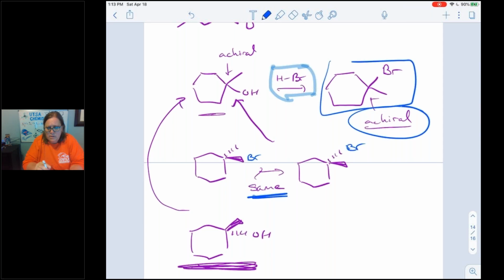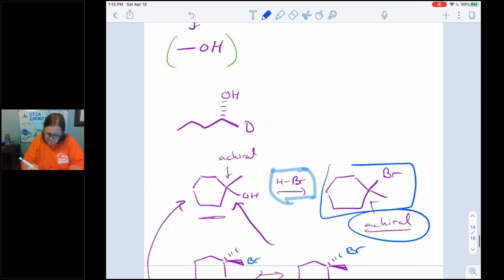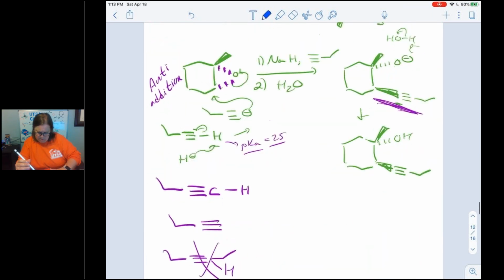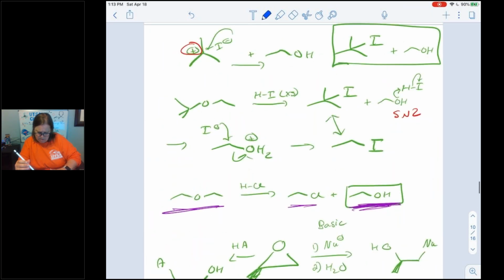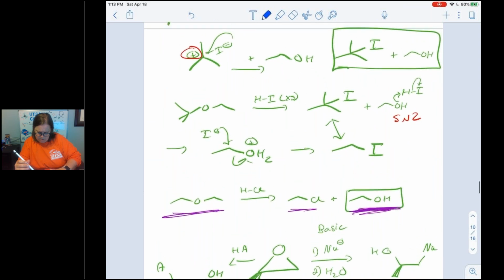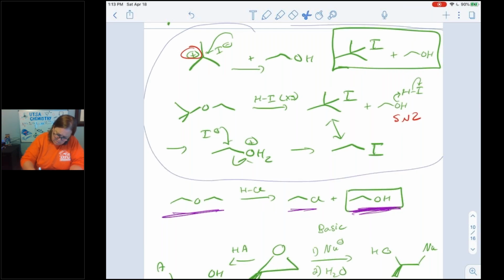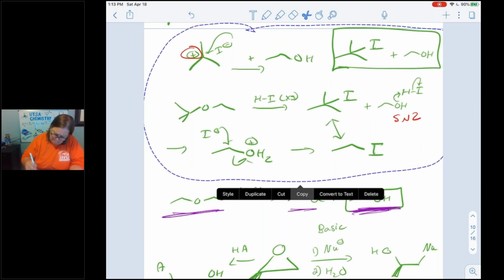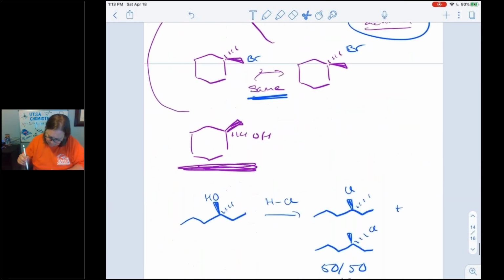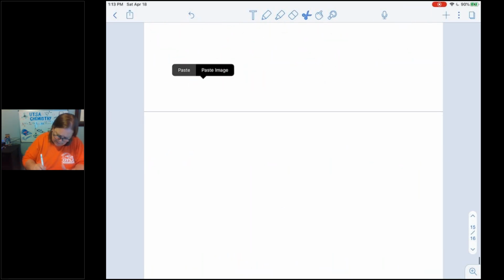Professor, I had a question. In your first example on the ethers problem, where you reacted it with HI, can you explain why the leaving group with the tertiary carbon is the one that leaves and not the primary? So we have a couple of options here.